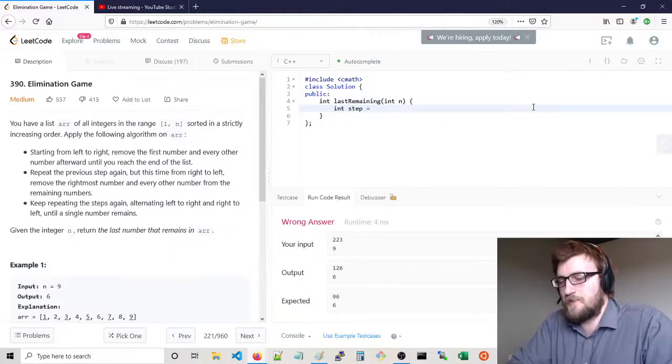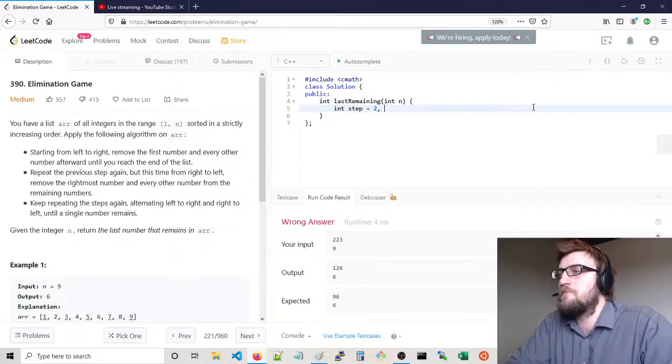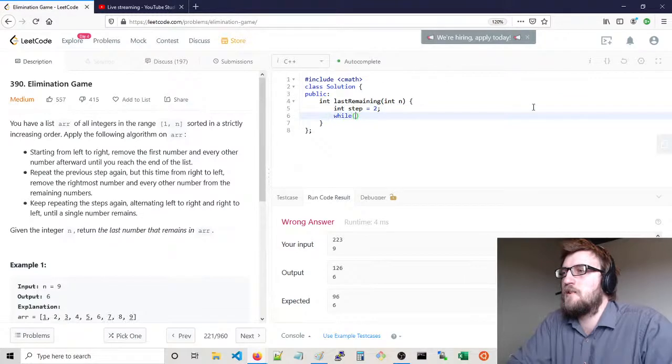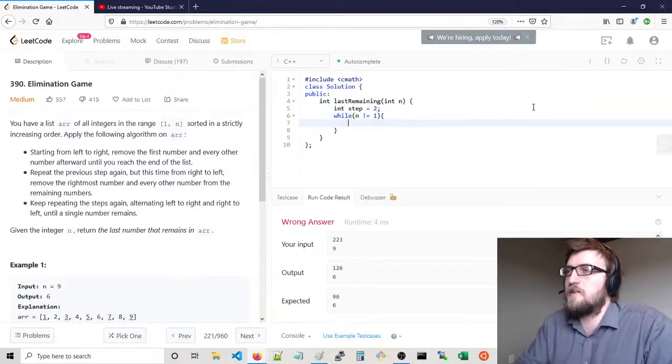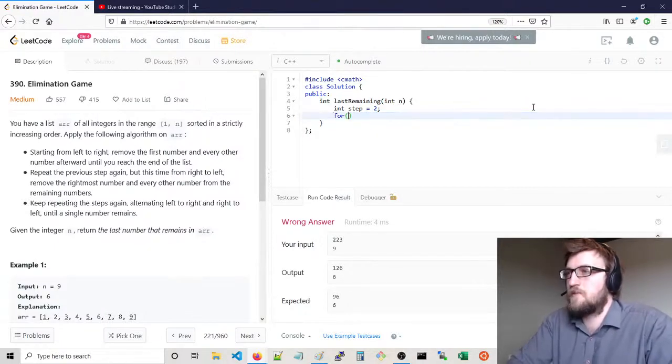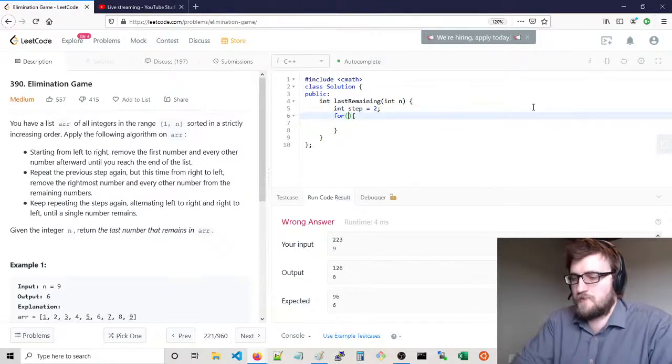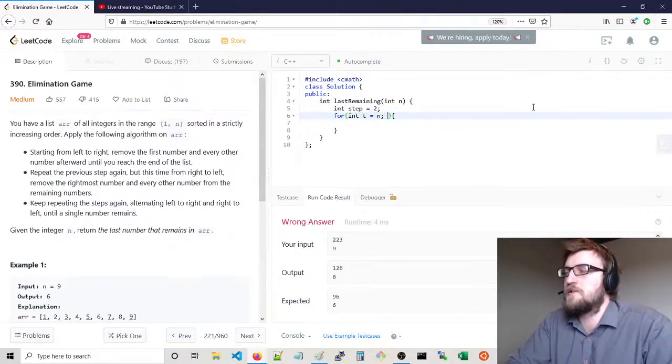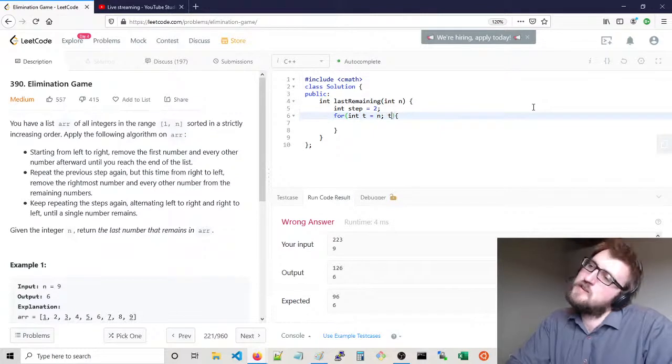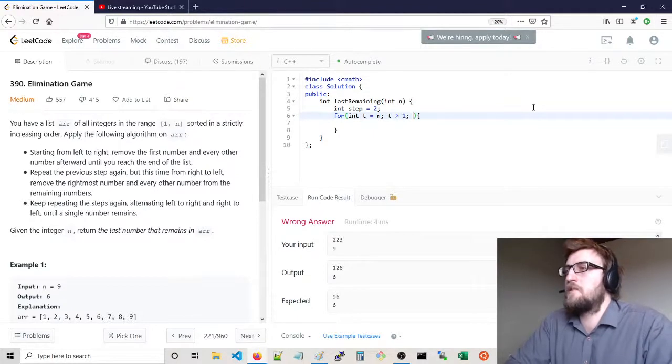Step will start off at 2. I'm going to say while n is not equal to 1. Really, it's a for loop even. Could really do a for loop. Use t. T is greater than 1.